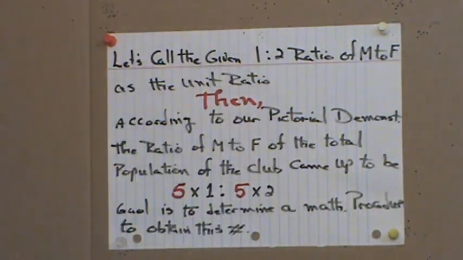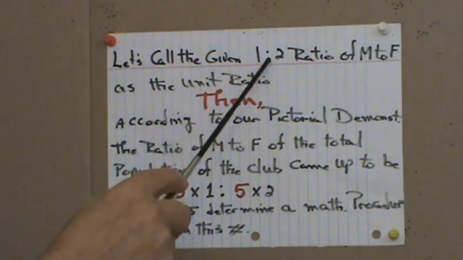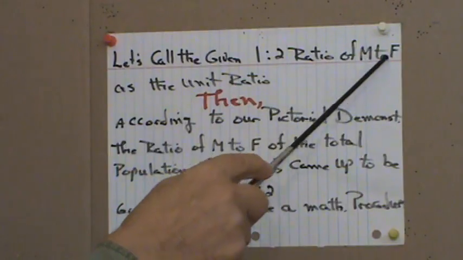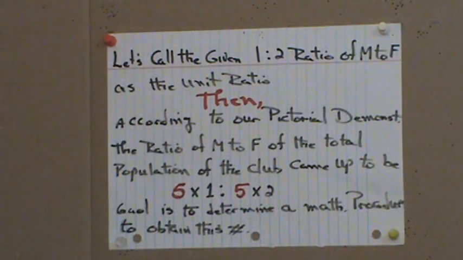Here it says, let's call the given ratio of 1 to 2 of male to female the unit ratio. We call it unit ratio. It is a name that we put on it. It's not the standard, and it doesn't matter because we want to communicate and convey the message, convey the knowledge.